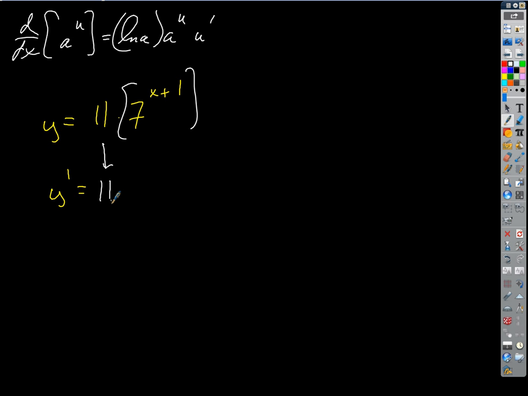Well, what's the derivative of a to the u? Okay, so we're going to get natural log 7 times a to the u times u prime, which is 1. That's our answer. Okay.